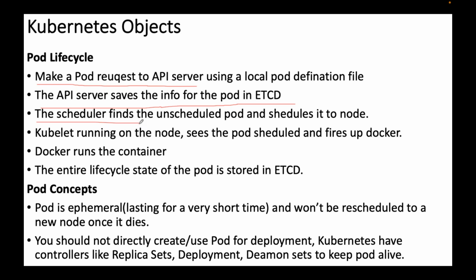The scheduler will try to find unscheduled pods, whatever pods are not scheduled, and will assign a node to those unscheduled pods. The scheduler decides in which node that pod can be scheduled. As I already told, the scheduler is going to work with kubelet to identify how many pods you have already, and for each container, how much resource request and limits they have already used.